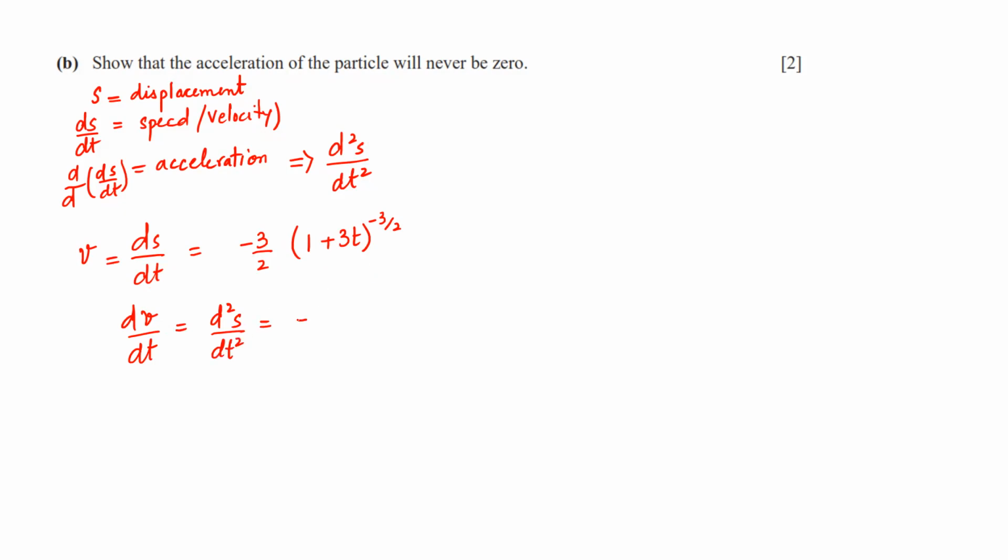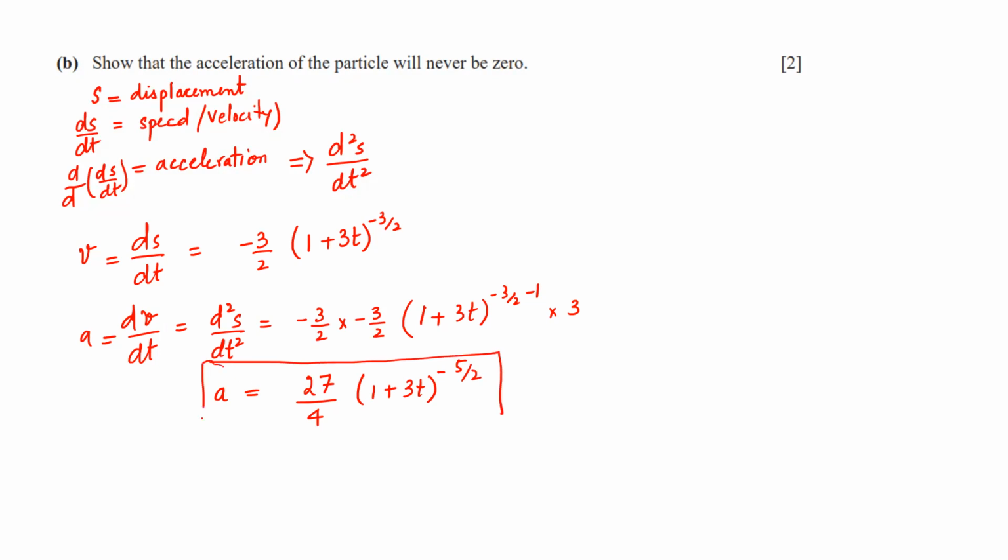This is minus 3 by 2 multiplied by minus 3 by 2, (1 plus 3t) power minus 3 by 2 minus 1, multiplied by 3. Let's call this a, and the acceleration comes out to be 27 by 4, (1 plus 3t) power minus 5 by 2. So this is my acceleration.